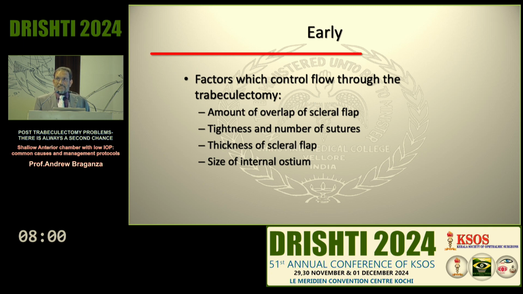Next would be the tightness and the number of sutures, because that affects what resistance the aqueous has to flow against. And then the thickness of the flap, again that affects the resistance. The actual size of the internal ostium, apart from creating more than the little minimum that you need, doesn't really matter very much.